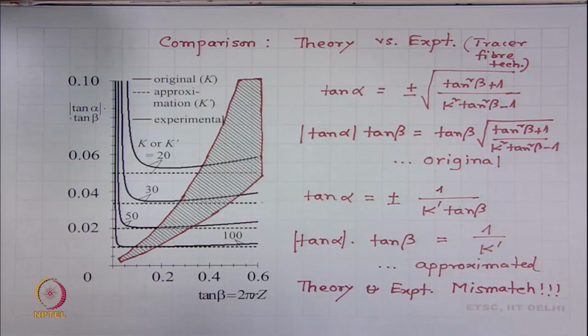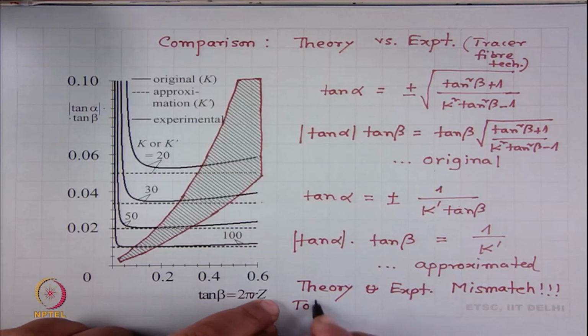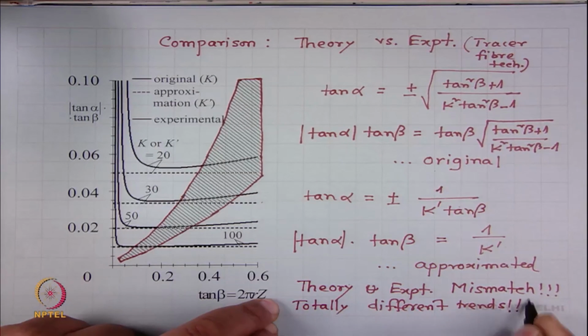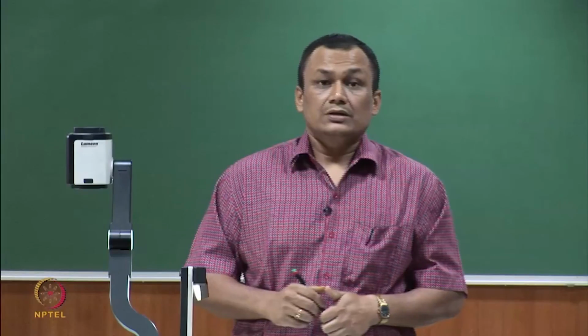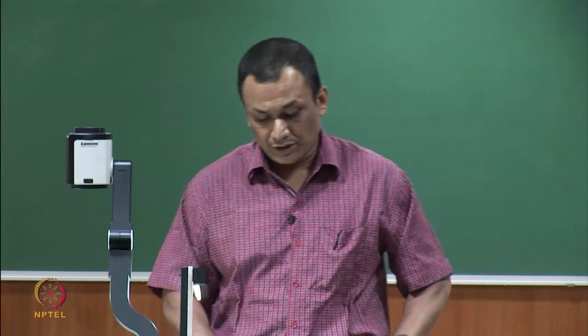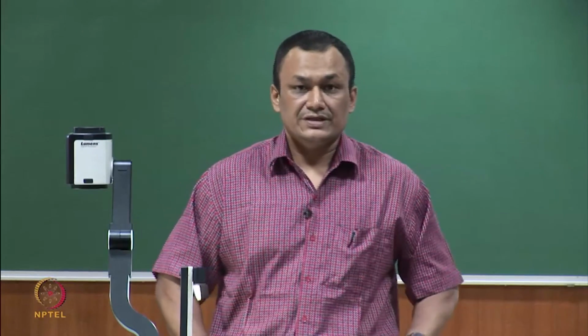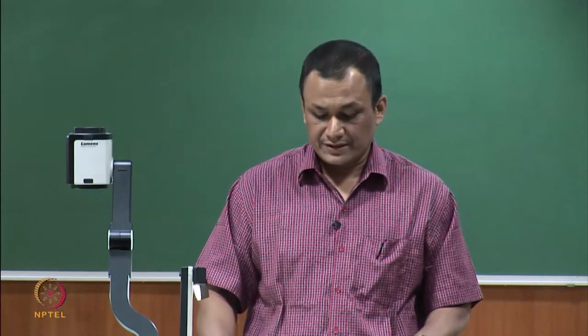Totally different trends. So, the conclusion is Taylor's model could not explain the experimental results; they are totally different.